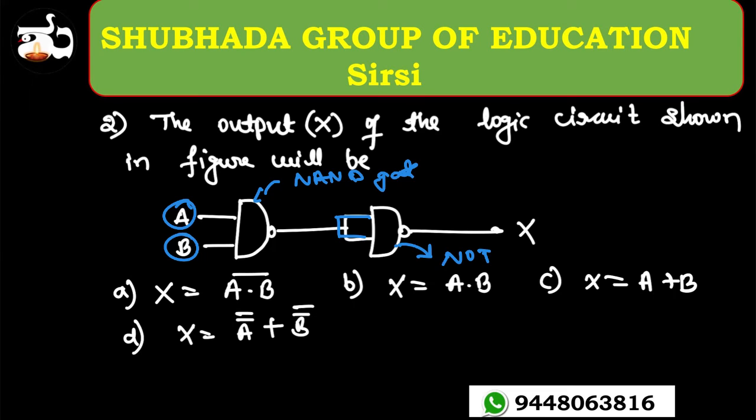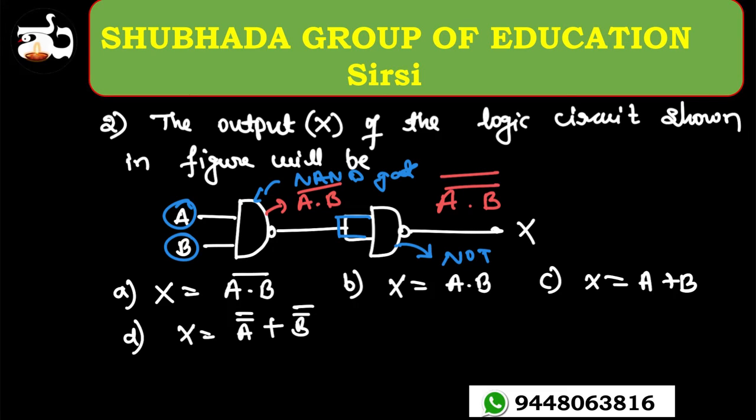So let's try to solve this problem now. Here the output should be, it's a NAND gate, right? A and B the whole complement. Now A and B the whole complement will be input to what? Again it's a NOT gate, correct? So that's the reason why the output should be A and B the complement, the whole complement.